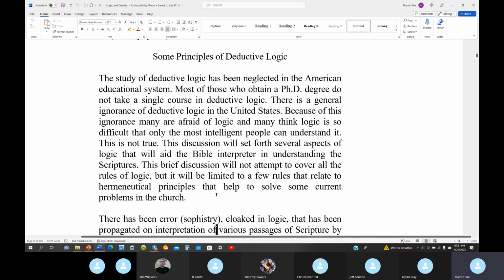Study of deductive logic has been neglected in the American educational system. Most people who get a PhD degree have not had a single course in deductive logic. Because of this ignorance, some people are afraid of logic, think it's so difficult only the most brilliant can understand it.